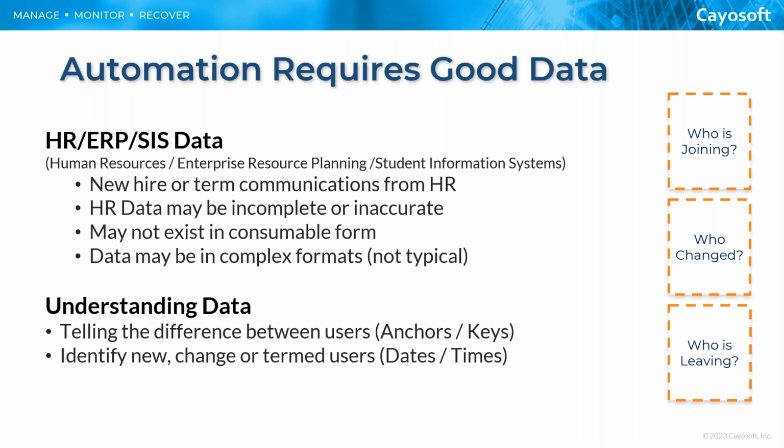Understanding the data can be a challenge. You need something called an anchor. That is a unique value that will allow you to tell users apart from one another within the system or across two systems. If you're using employee ID and that's being generated or tracked in your HR system and you have that imported into your Active Directory, that might be a great way to join two users together.